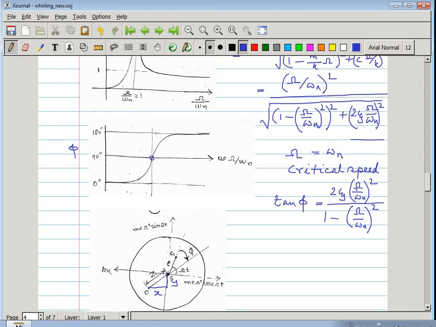The numerator is very small, because it is multiplied by the damping ratio, which is very small, and the denominator is a large negative quantity, so the quantity is negative, so it's 180 degree.